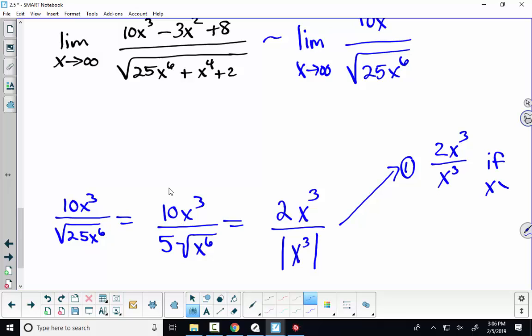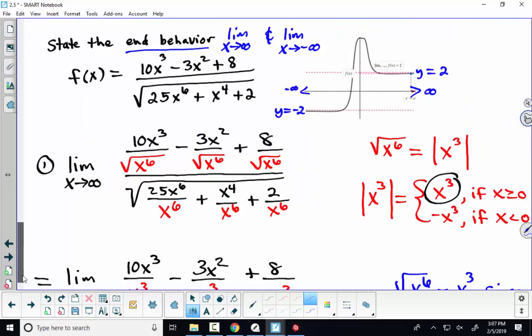if x is positive, right? But it's 2x cubed over negative x cubed if x is negative. So then that way we've got both a positive 2 coming out of this limit at infinity and a negative 2 out of this. So let me scoot that up. I'm kind of scared to do that.